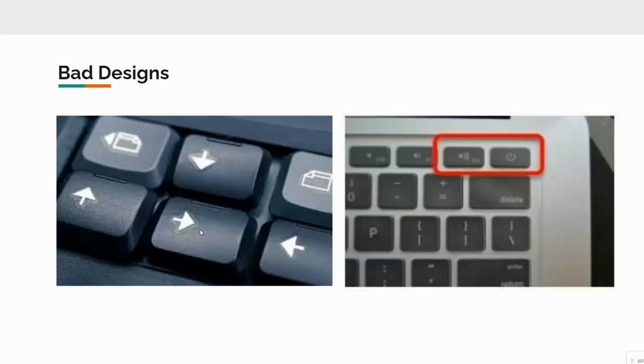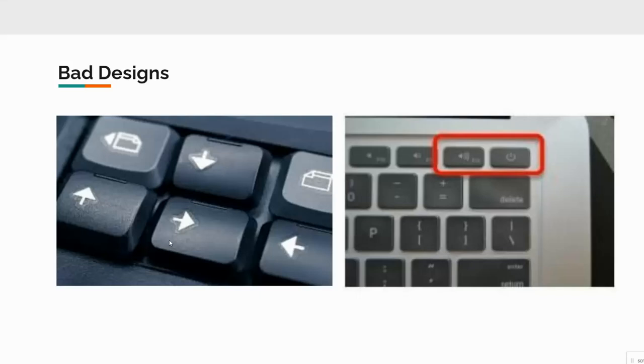So our brains will spend extra energy and processing using this interface because it is not what our minds perceive as a normal, conventional arrangement. So this is considered a bad design. It may cause accidents.